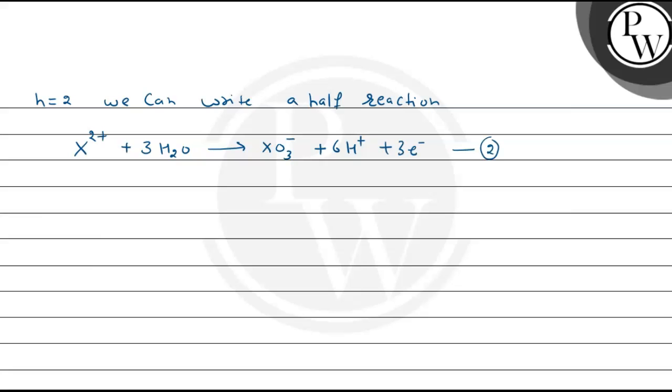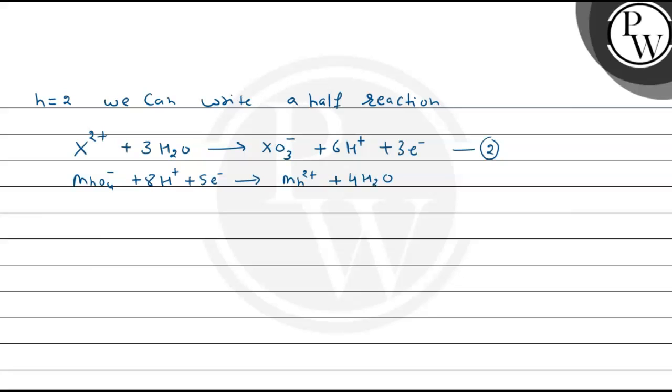In the first part of the question we have also written an equation, and we are writing it again here. It is MnO4 negative plus 8H positive plus 5 electrons, which gives Mn2 positive plus 4H2O.